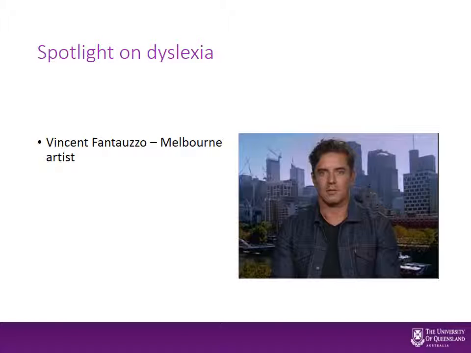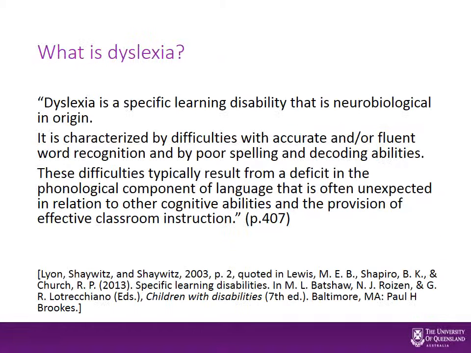Now, dyslexia is a difficult condition to understand. There are lots of different aspects to it. So some people would say, well, it's too broad a term to be very helpful. You actually need to be much more specific. But if we have a look at what it is, this is one definition. And you can see that this one, it's talking about it as a specific learning disability with neurobiological origins.